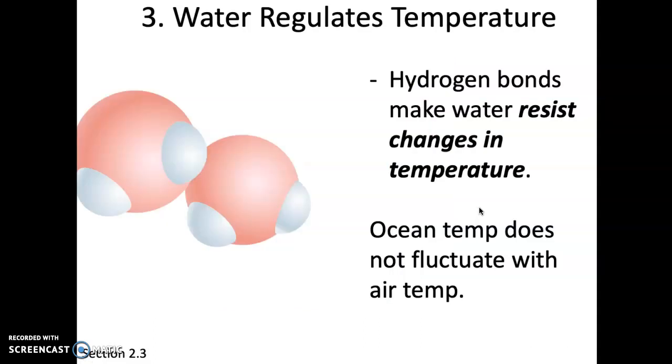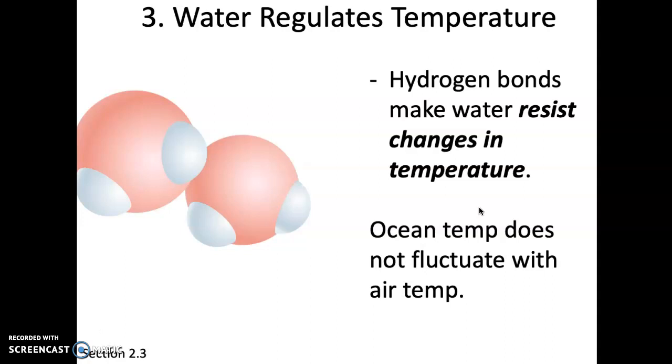Okay, another phenomenon of water is that it regulates temperature. How so? Well, hydrogen bonds that are sticking one molecule to another make water resist changes in temperature, so it doesn't heat up or cool down as easily when you have these hydrogen bonds. And so we know that as the ocean temperature doesn't fluctuate with the air temperature, you know, if it's 70 degrees out, the ocean isn't 70 degrees.